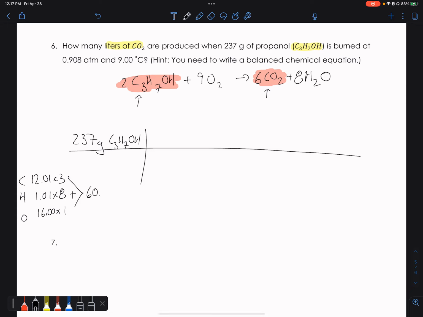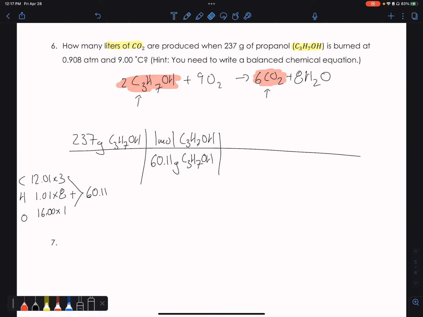So that's 60.11. So 60.11 grams of propanol, C3H7OH, is 1 mole. So that's the mass of just 1 mole of propanol.